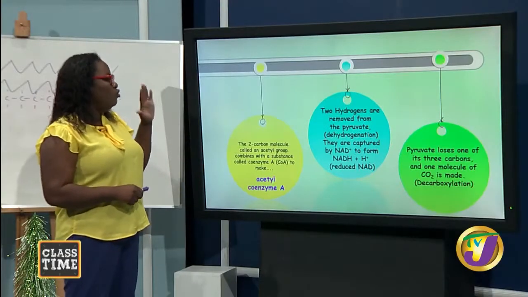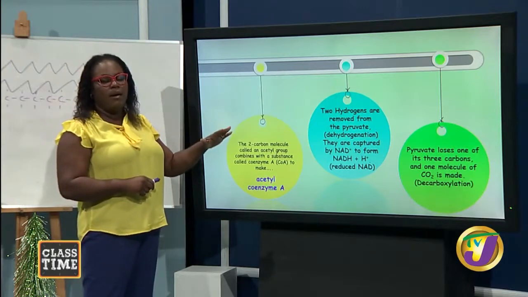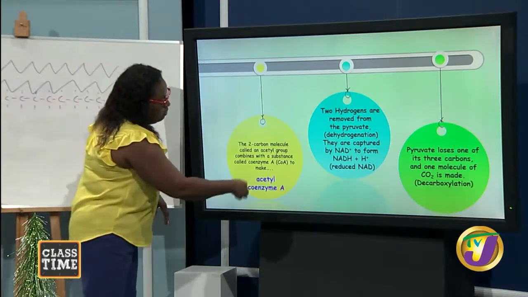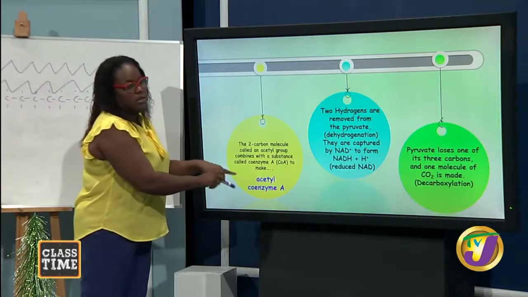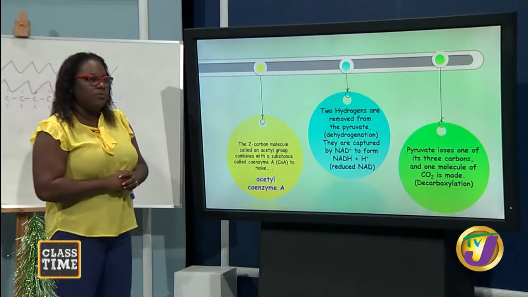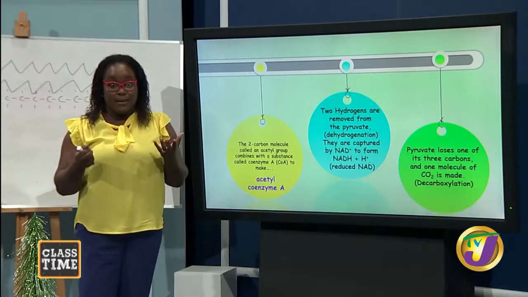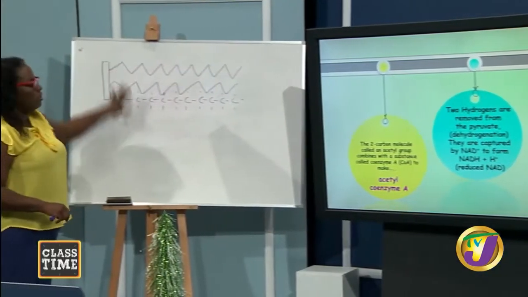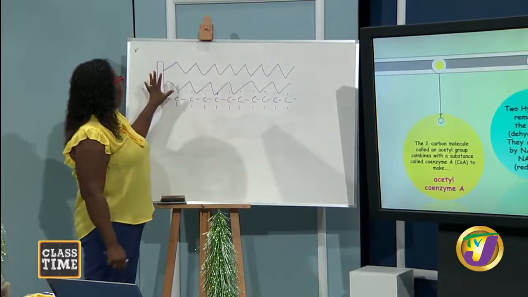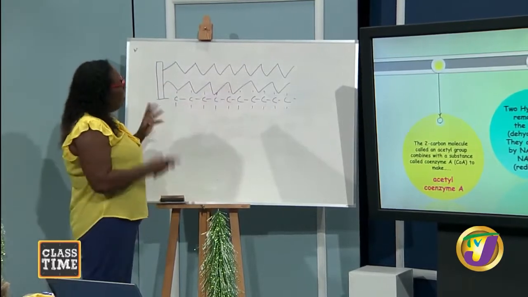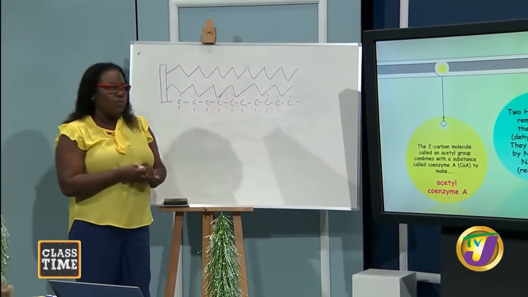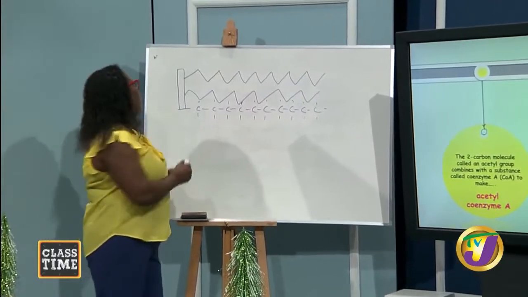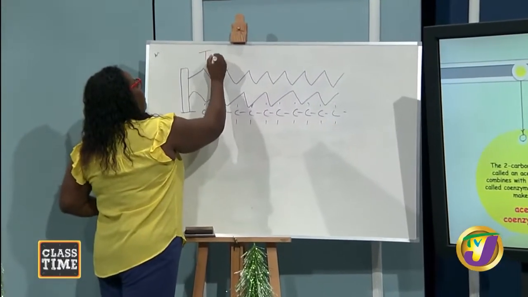Clearly, fats do not enter glycolysis, but the making of acetyl coenzyme A is important for the next step of respiration, which is called the Krebs cycle. And so if we go over here to this whiteboard, I have drawn on the board a diagrammatic representation of what's called a triglyceride.